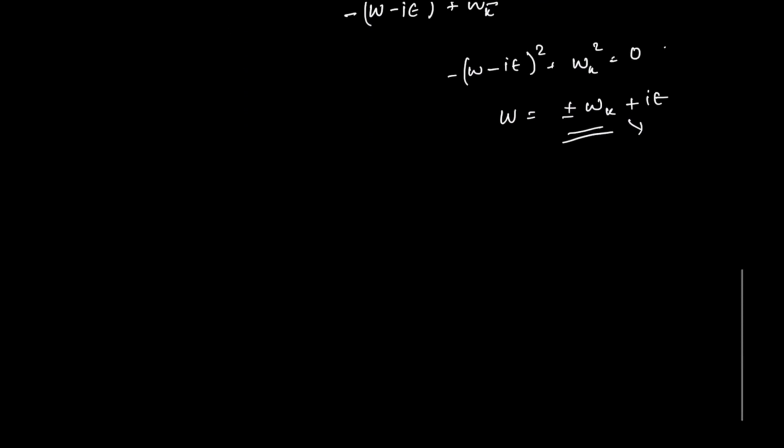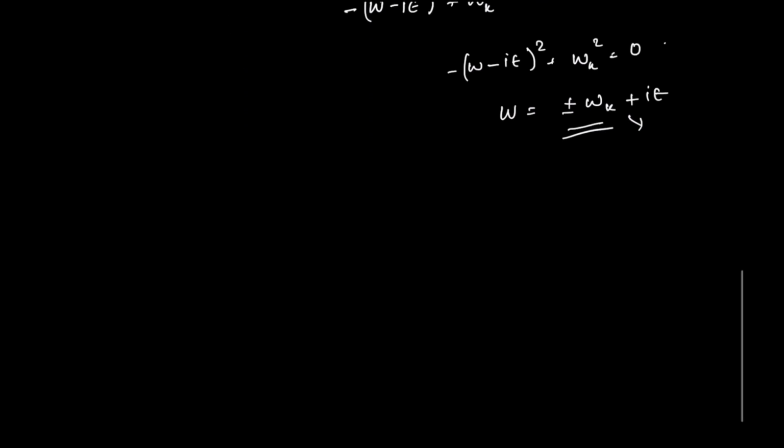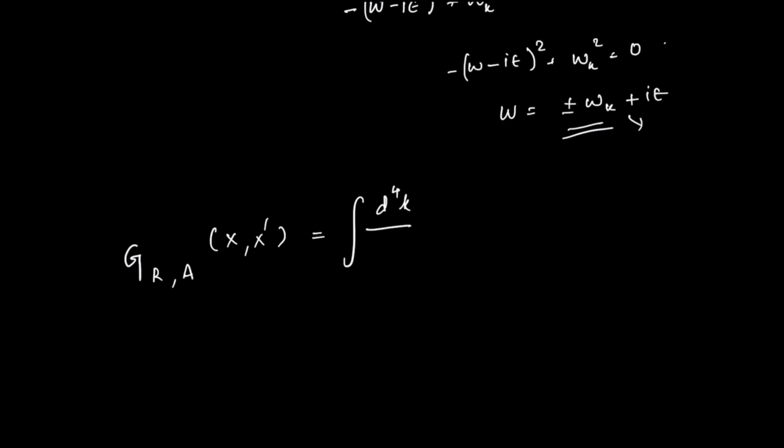So in general, I can write G^R or A of x, x prime is equal to the integral d^4k by (2π)^4, minus i by omega plus or minus iε.